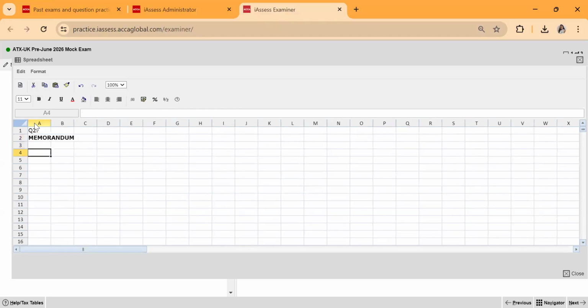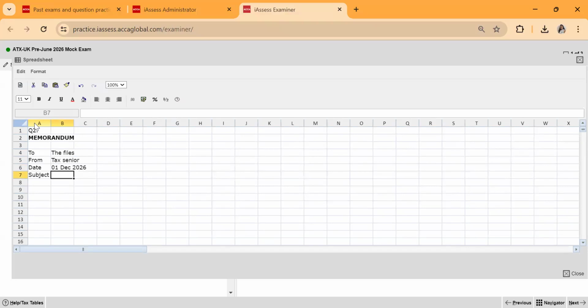Now how do we do it? To, from, date, subject. It is to the manager; we always write to the files, from tax senior. The date was given as 1st December 2026, today's date, right?